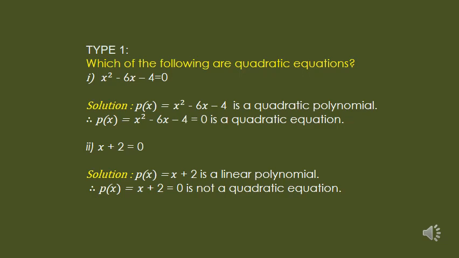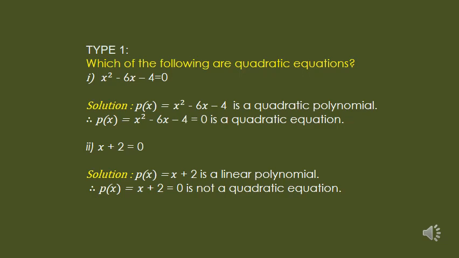The first type is, which of the following are quadratic equations? First one is x square minus 6x minus 4 equal to 0. We know that if the degree of a polynomial is 2, it is called a quadratic polynomial.